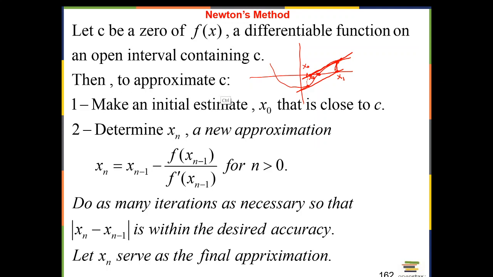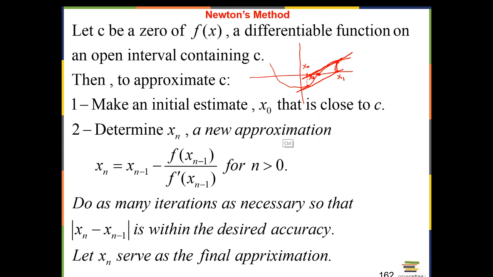So we make an initial estimate that is close to the root that we're looking for, and then we determine the next estimate by using that estimate. Now, where does this formula come from? We're going to talk about that. And do as many iterations as you like, until you have the accuracy that you desire.